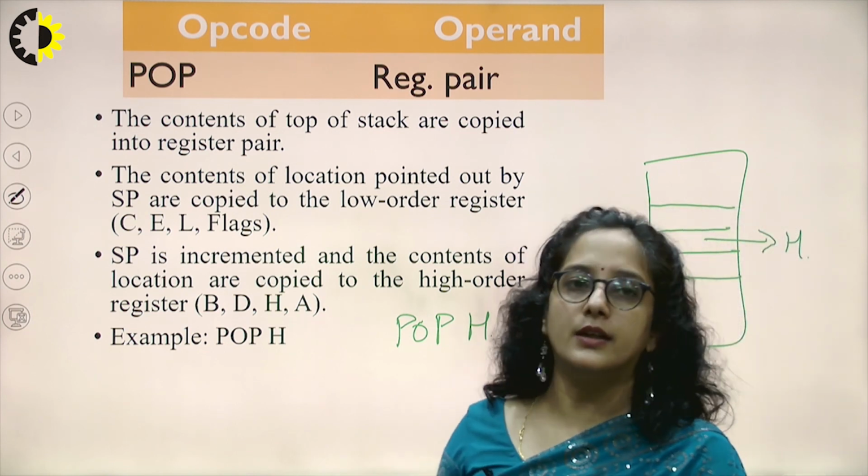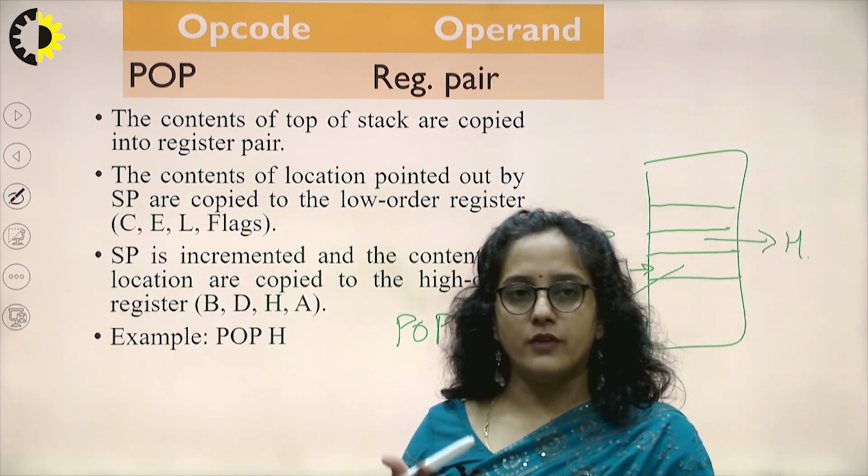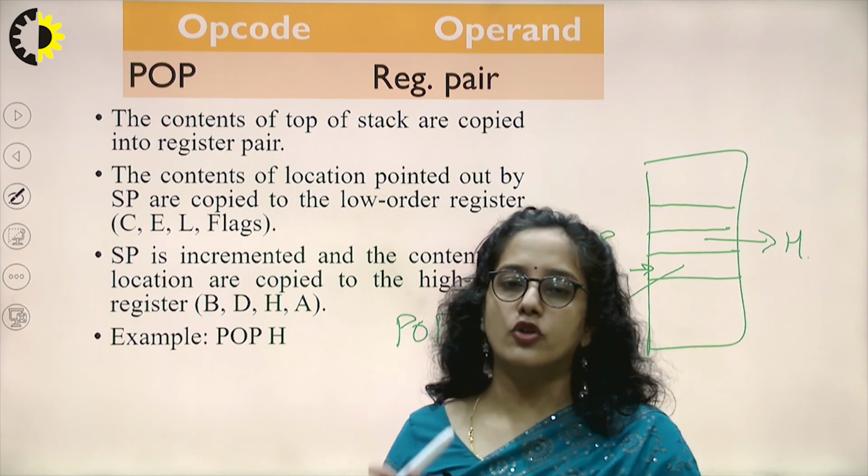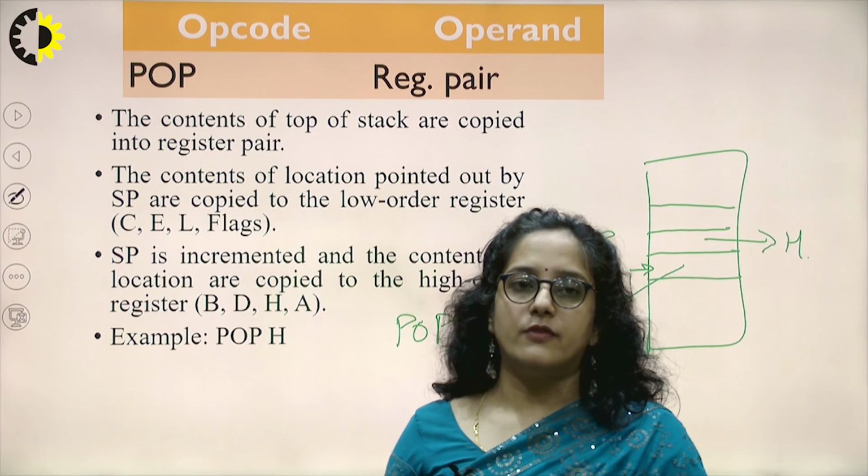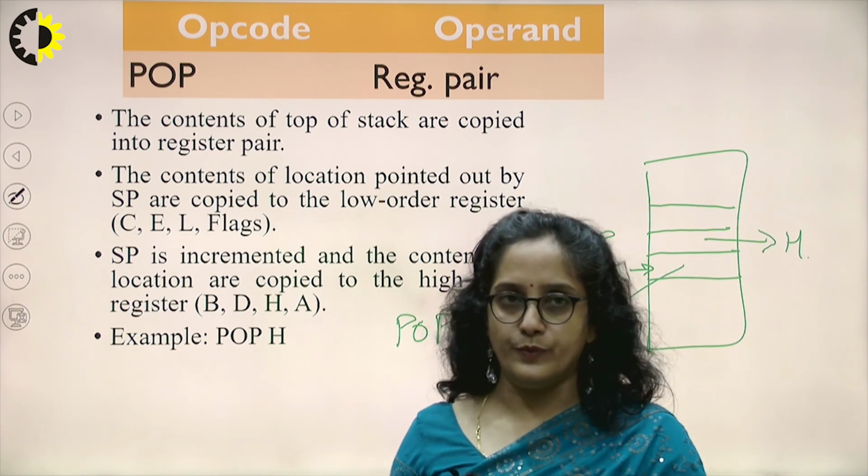So the stack pointer will be incremented by 2. In case of PUSH, it is decremented by 2. In case of POP, the stack pointer will be incremented by 2 locations.